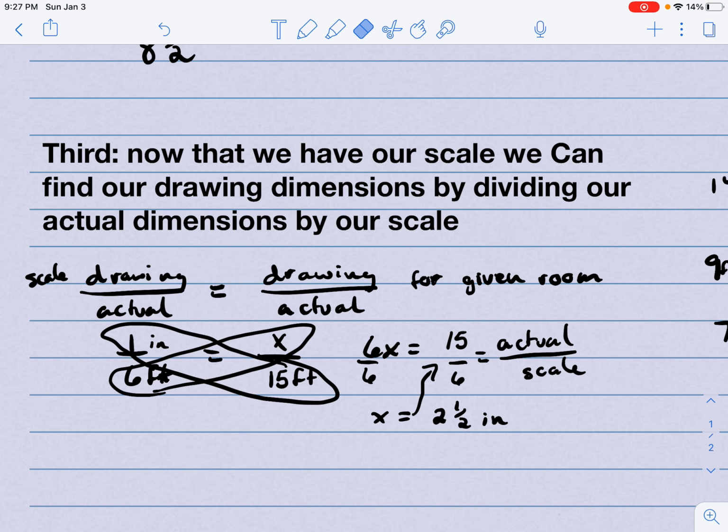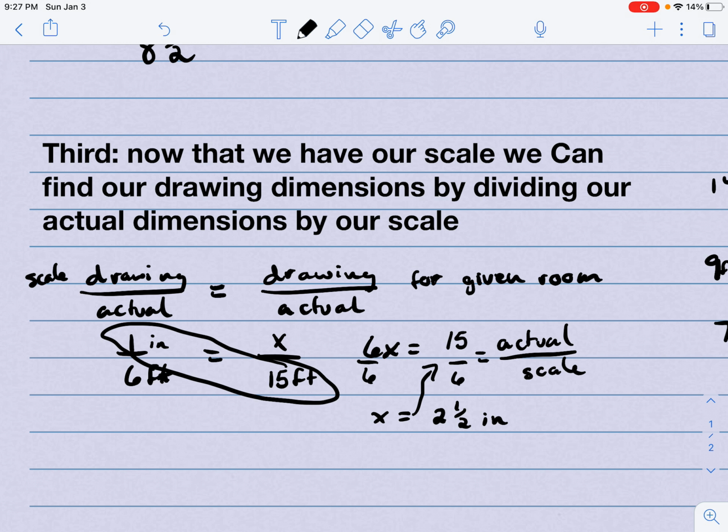We set up the scale for our drawing over our actual equal to our drawing dimension for whatever we're given over the actual dimension. This is just roughly for the master bedroom. So 1 inch over 6 feet is equal to our unknown drawn dimension over our actual dimension. To find that, we take our cross products. You get 6x.